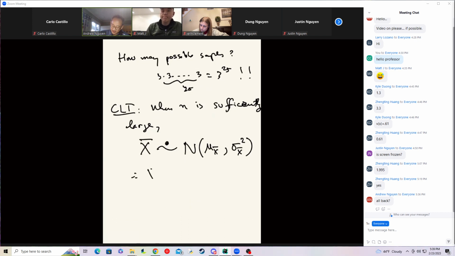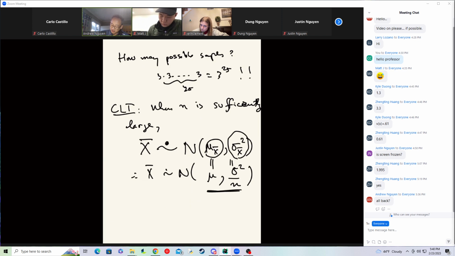In other words, X bar is normal. The mean of X bar is the same as the population mean, and the variance of X bar is the population variance divided by n. These are the two facts that we established earlier, right? What's new is the normality.